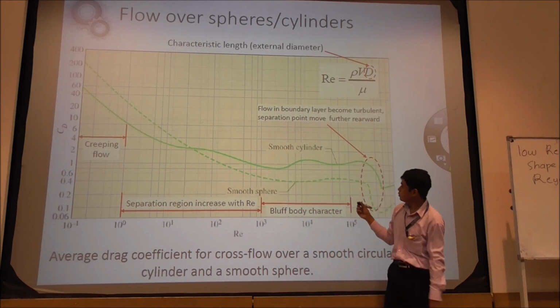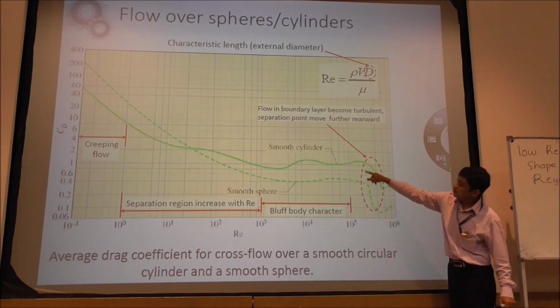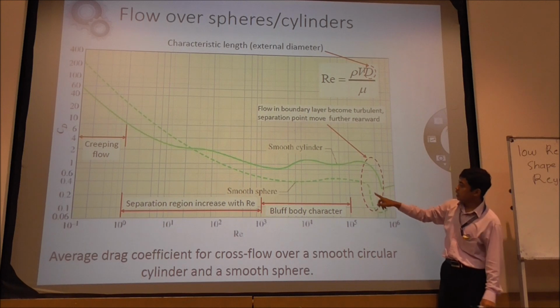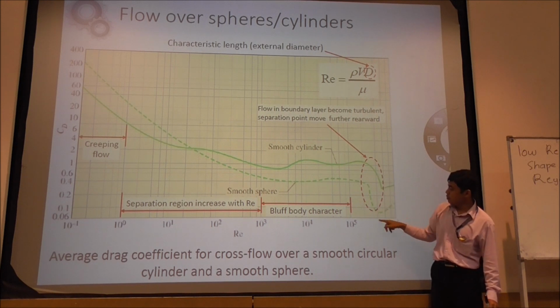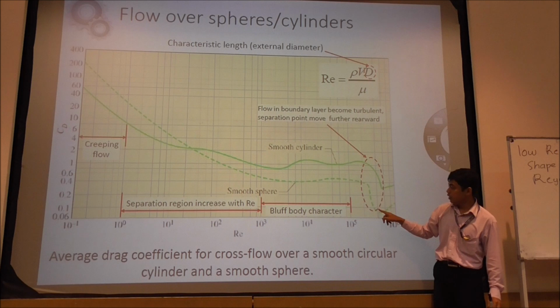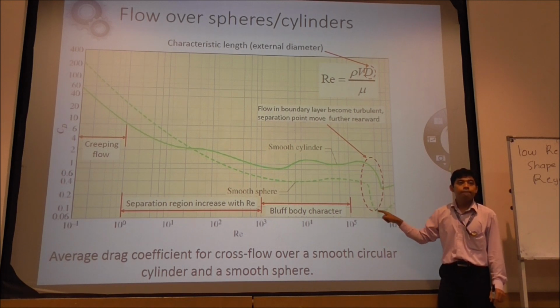So you need to use this one. Okay? And this is the interesting part. If you have a good understanding of it and somehow you manage to design something that has a Reynolds number in this region, okay, the good thing is you have a sudden drop in the drag coefficient, which means in this condition your drag can be minimal, right?